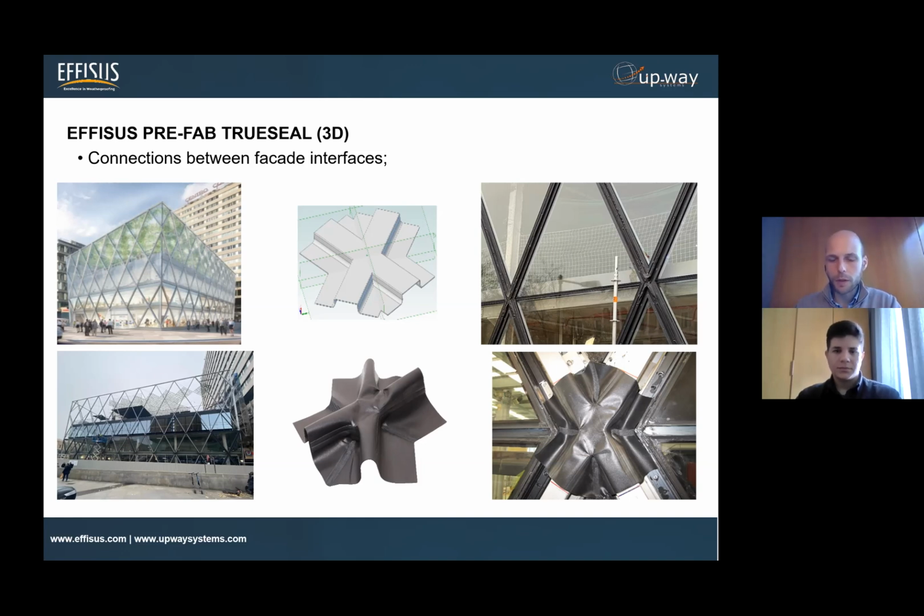And of course, we are talking about something that is more expensive than a standard membrane. This is obvious, even because it has different work behind the scenes. But we have to understand the whole picture. When we are dealing with this kind of details with plain membrane, we have to understand the time of installation.